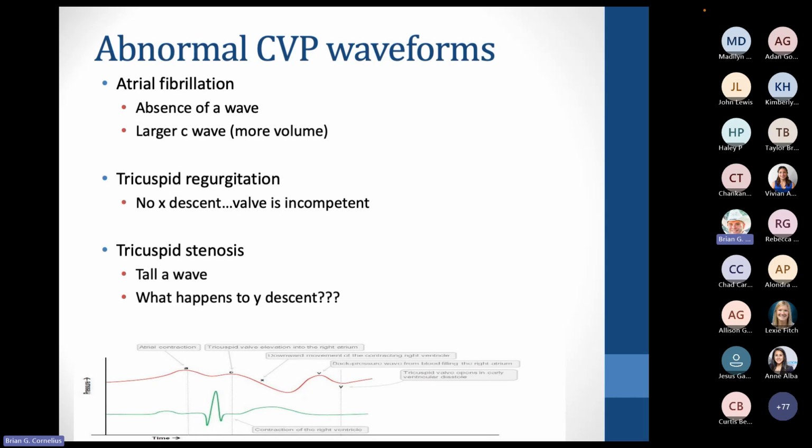If you have somebody with tricuspid stenosis, you may have a really large A wave because of that back pressure and the inability of it to effectively contract. You may also not see the Y descent happen there just because it's masked by other waveforms, usually that big A wave.